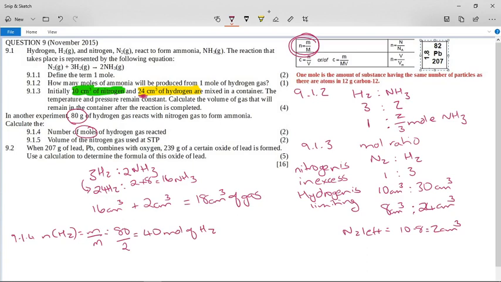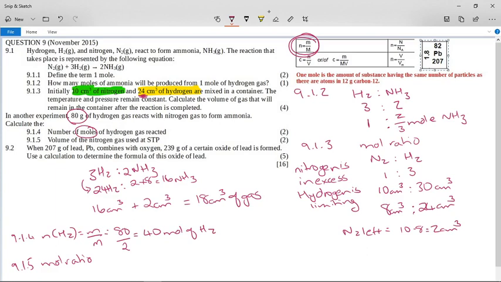So if this reaction is complete, the next part says calculate the volume of nitrogen gas used. So now we need to look at the mole ratio. If we know how much hydrogen we used, we can predict from the balanced equation how much nitrogen we're going to need.